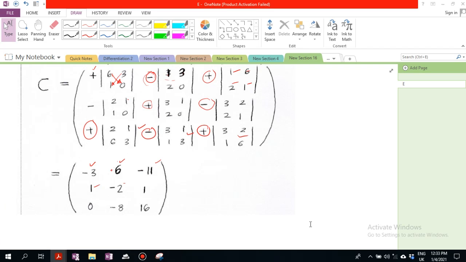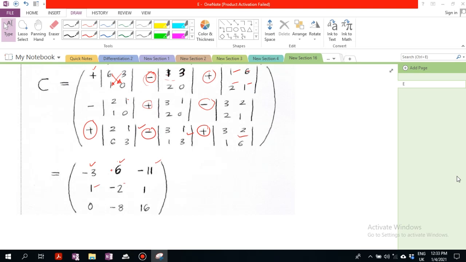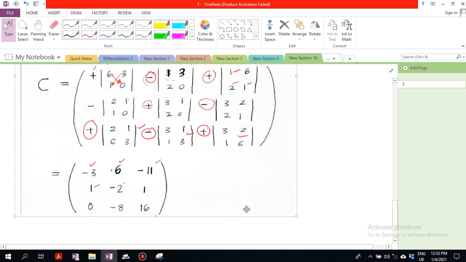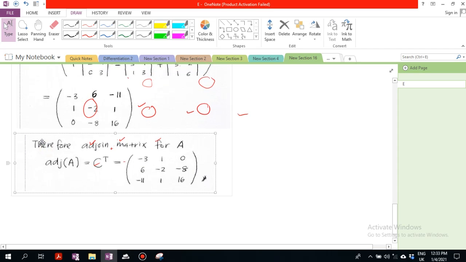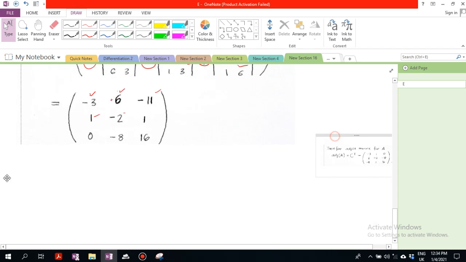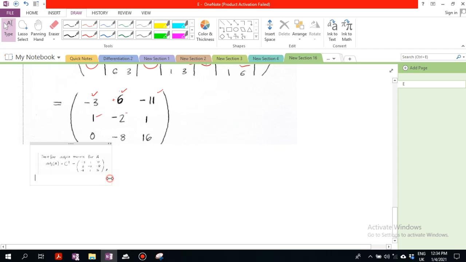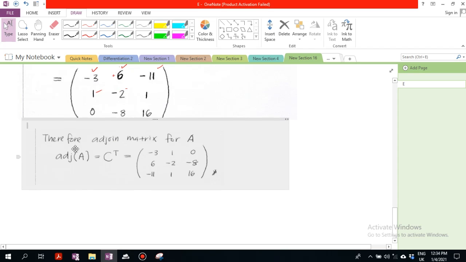So the moment you get the cofactor, in order for you to get the adjoint matrix, or we call it as transpose of cofactor C, okay, therefore you need to transpose to become cofactor transpose.